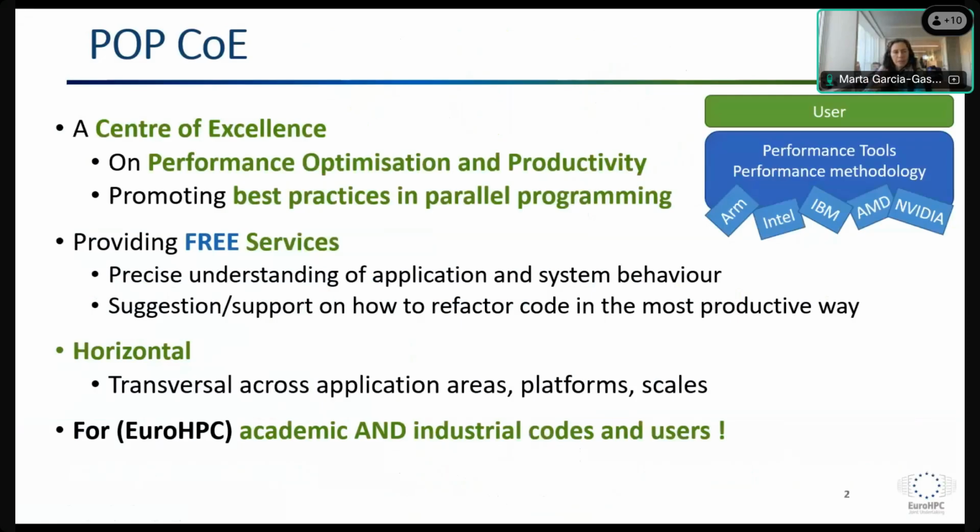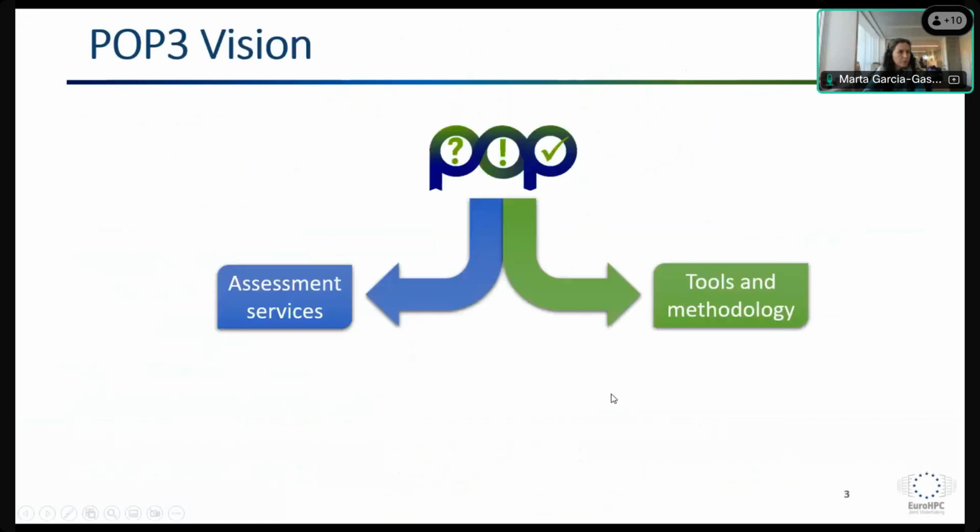It's a transversal center of excellence that provides services to all the other centers of excellence, NCCs, and in general, European users. So basically in POP, we have two different objectives. On one hand, to provide these assessment services, and on the other hand, developing and evolving the tools and methodology that help us do these assessment services.